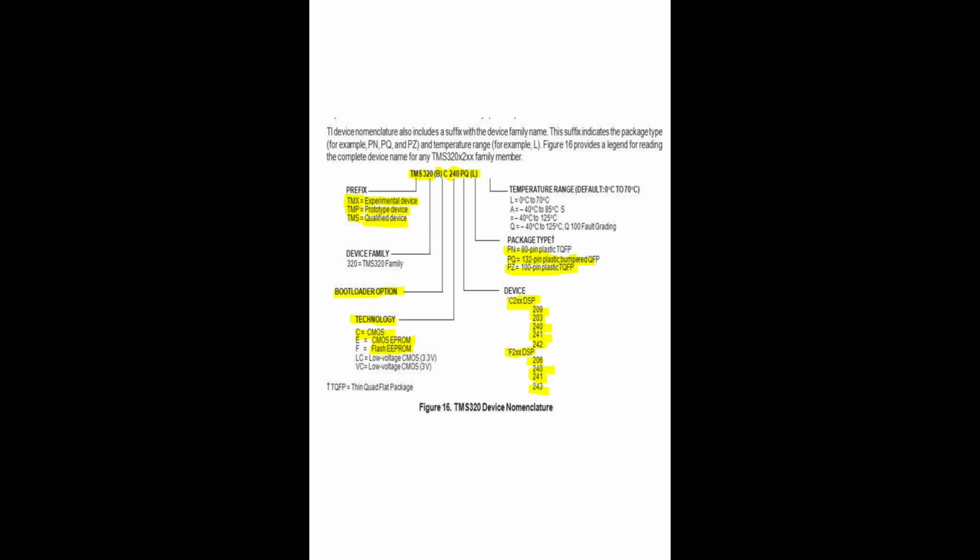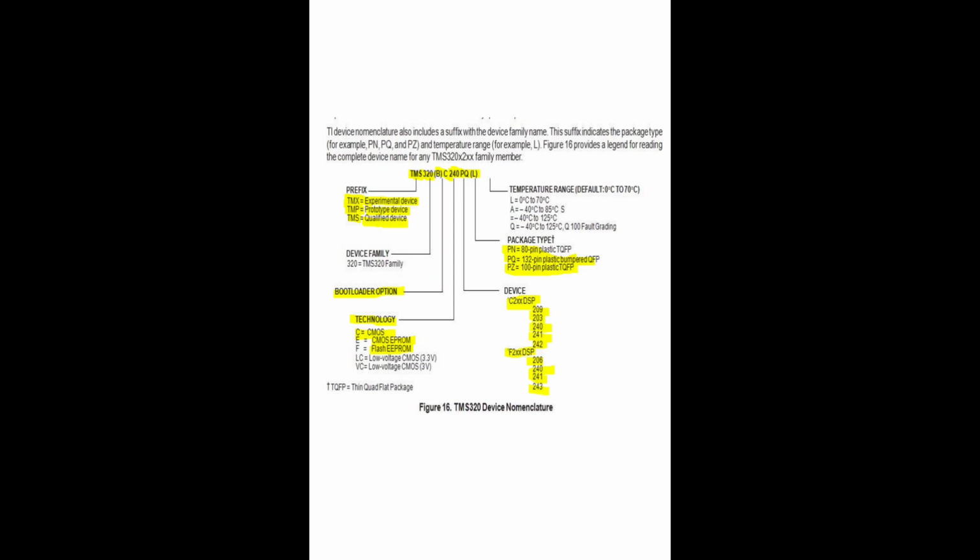So you need not give a separate pin for address and a separate pin for data. Both can be merged together. That's nothing but multiplexing, so that the number of pins in an IC can be reduced. That is why it is split like the 80 pin IC, 132 pin IC and 100 pin IC. So here we will be using PQ, which means it's a 132 pin IC.